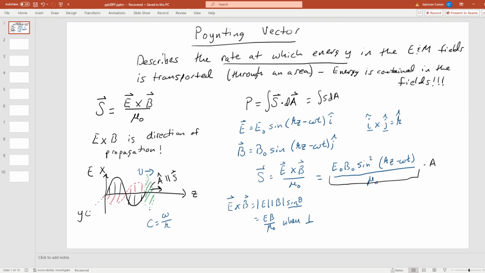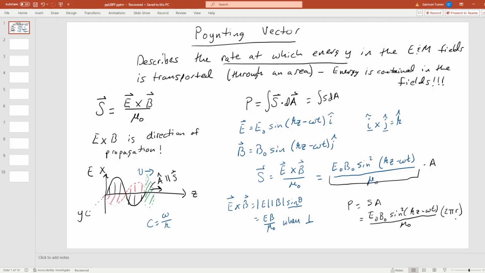So in this particular case, your power would be S times A. So it would be E naught B naught sine squared of your argument divided by mu naught times 2 pi r.